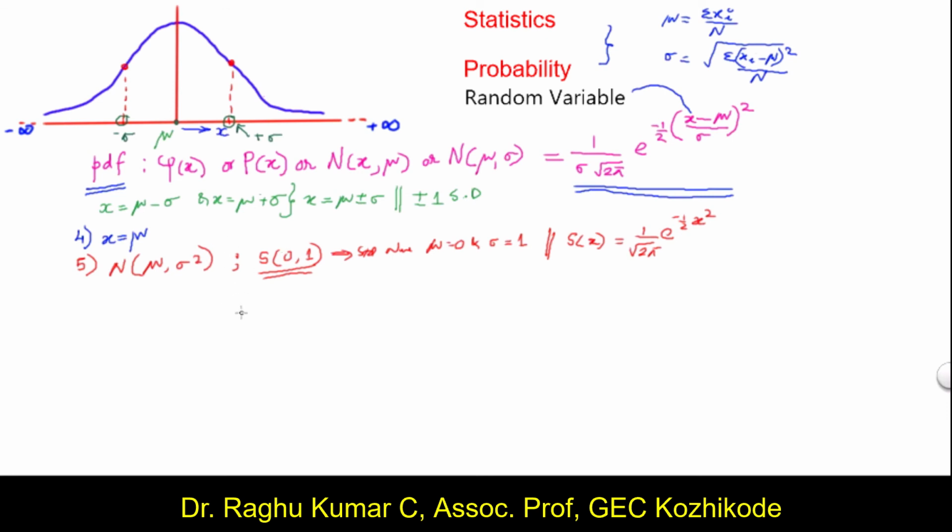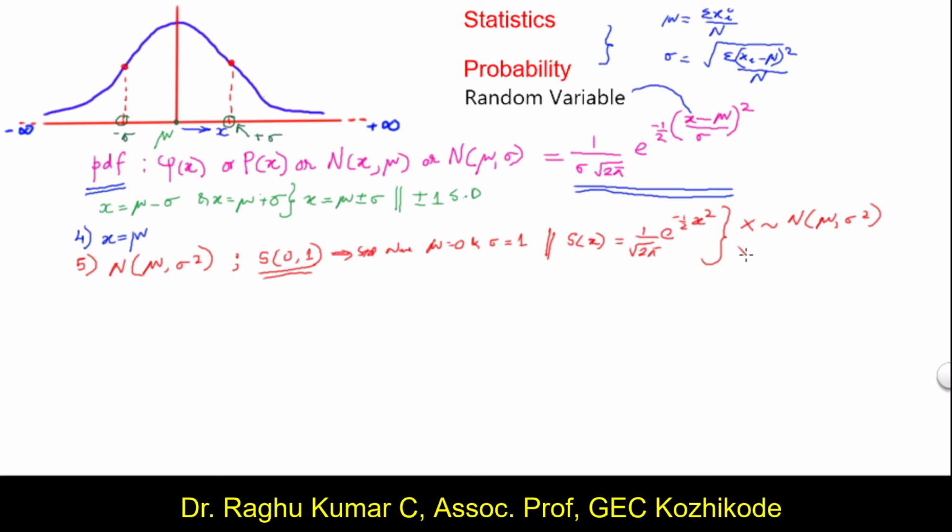And also, as a norm of writing these things in another fashion, a normally distributed variable is generally expressed by N of mu, sigma square. So if you see an abstract expression like x is N(mu, sigma square), it means this is a random variable that is distributed normally with parameters mu and sigma.